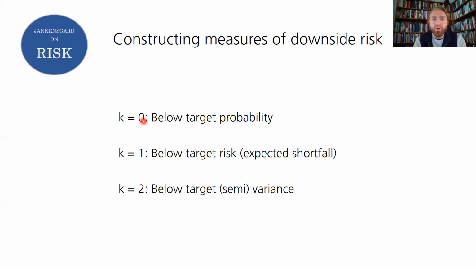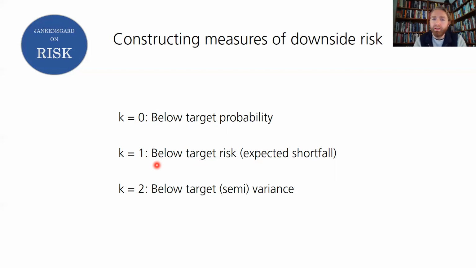If you set it to 0, then you apply no penalty, essentially, and the measure will return the probability of going below that threshold level. So it doesn't distinguish between large and small shortfalls. It's just the probability of ending up below it. With 1, you raise it by the power of 1, so that you care about the size of the shortfall.